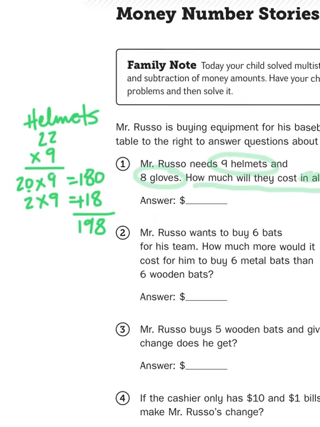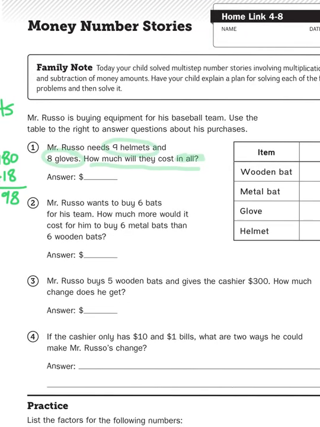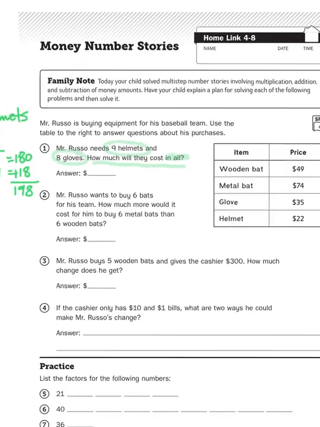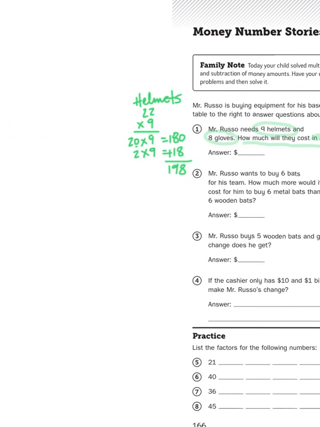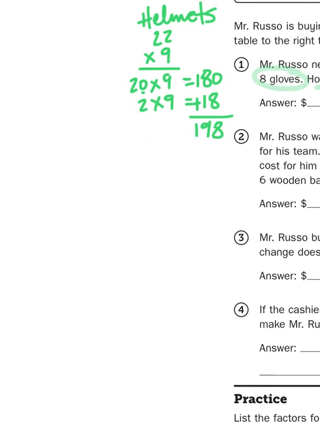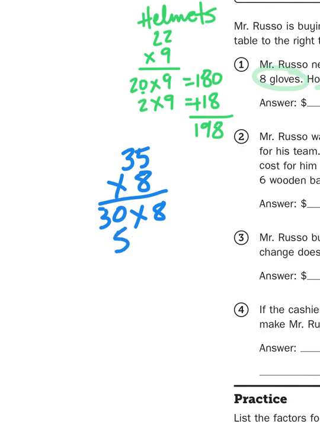Okay, 8 gloves is taking the $35 price tag, multiplying that by 8. So 35 times 8. So 30 times 8, and then 5 times 8.